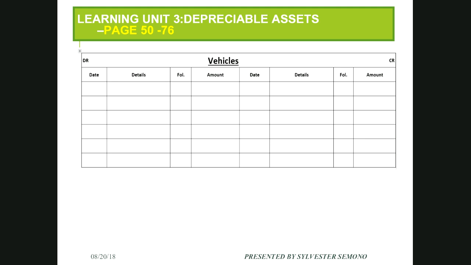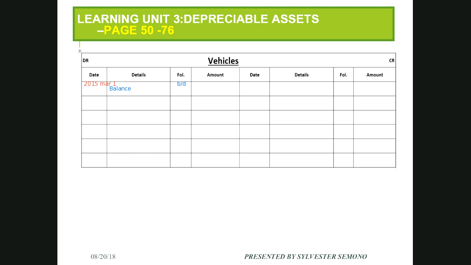And then still, I'm going to write balance brought down. And then you said it's 1,250,000. Another zero there. Are we okay, guys? Okay. Any question?